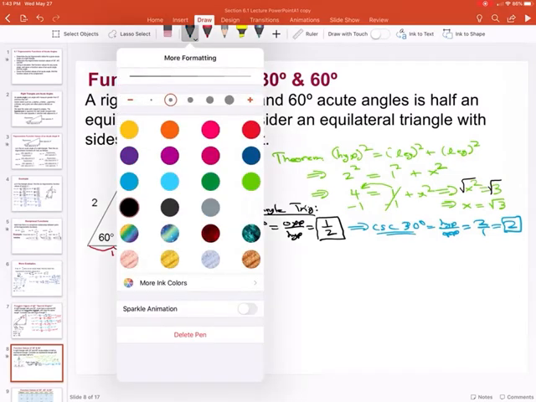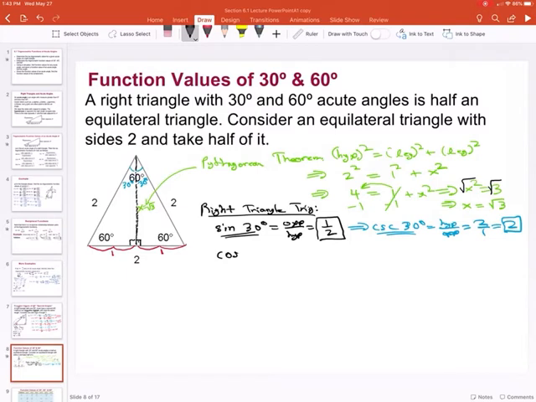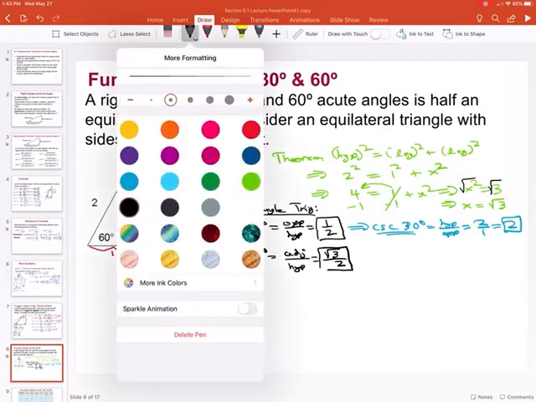And let's go ahead and look at cosine. What would the cosine of 30 degrees be? Well, it would be the adjacent side's length to the 30-degree angle over your hypotenuse. So looking at your 30-degree angle, the adjacent side is the side x there, the square root of 3 units in length, over the hypotenuse, which is 2 units in length. So square root of 3 over 2 is cosine of 30 degrees.